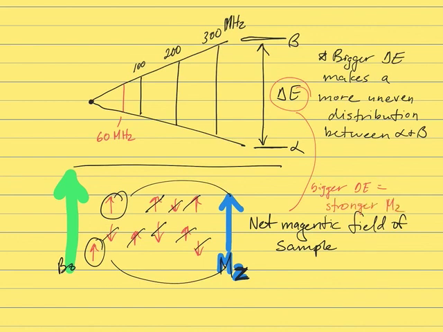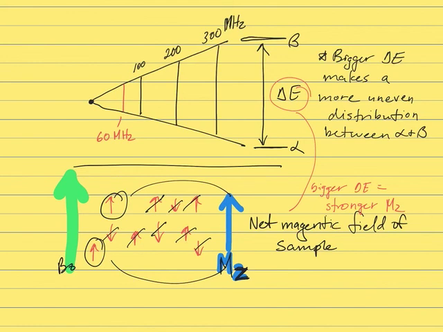So this M sub Z is actually what is monitored and detected in an NMR spectroscopy experiment. So the stronger we can make M sub Z, the more efficient the analysis is and the better the method works.